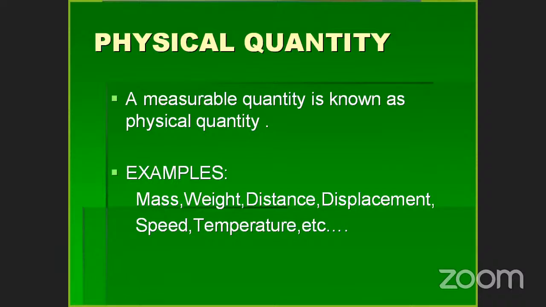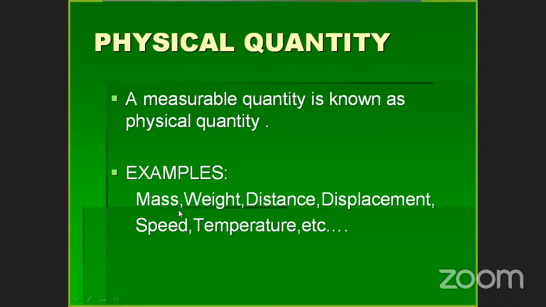Next topic is physical quantity. What is the physical quantity? I hope you children got an idea about motion and rest. Next topic is physical quantity. Physical quantity means a measurable quantity is known as physical quantity.